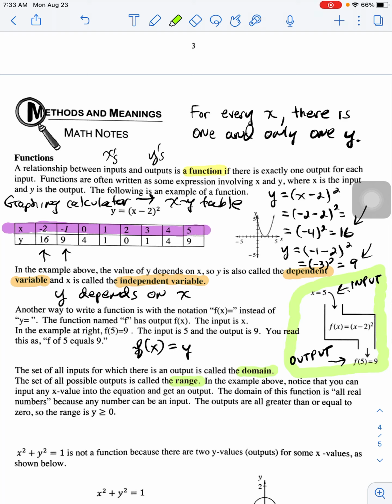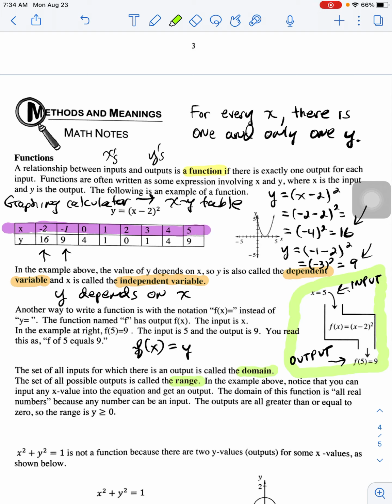Okay, so in the example above, notice that you can input any x value into the equation and get an output. The domain of this function is all real numbers because the number can be any input, and then the outputs are greater than or equal to 0, so the range is y is greater than or equal to 0.